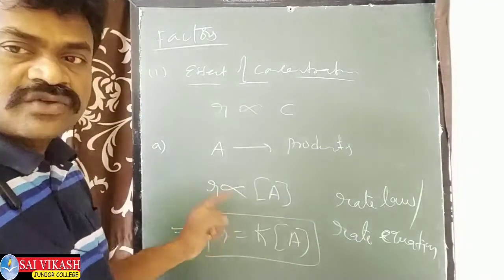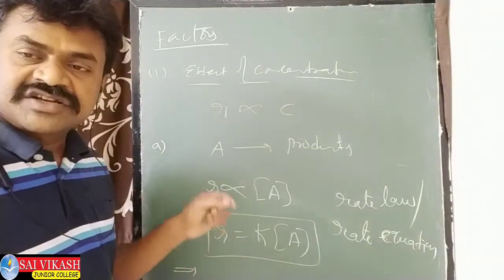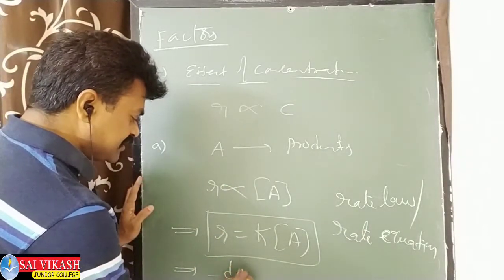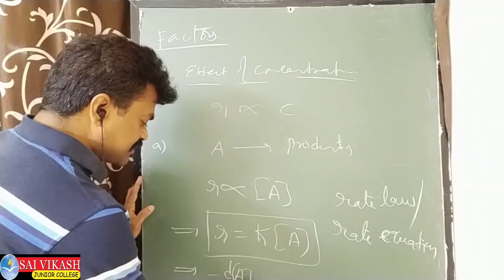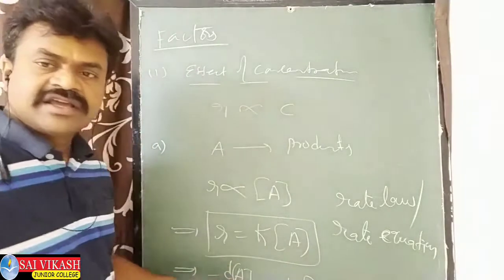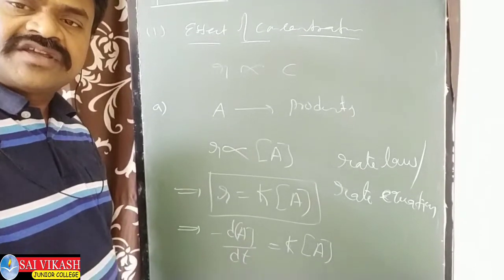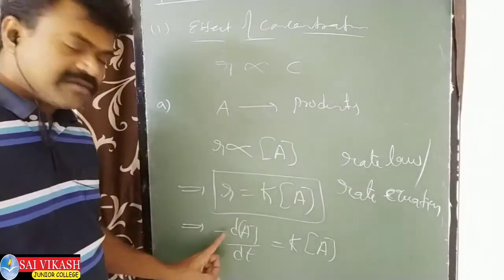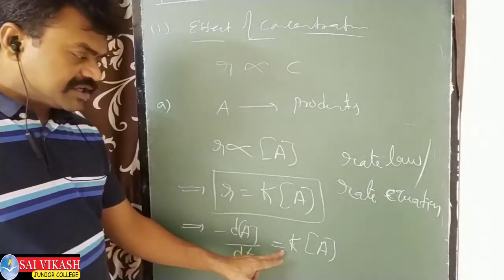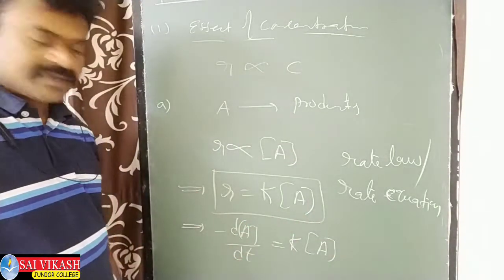We can also write it in another way. The rate means, I told you, change in concentration by change in time. So we can write it like this: minus d[A] by dt equals K into the molar concentration of A. The rate equation we can write like this also.